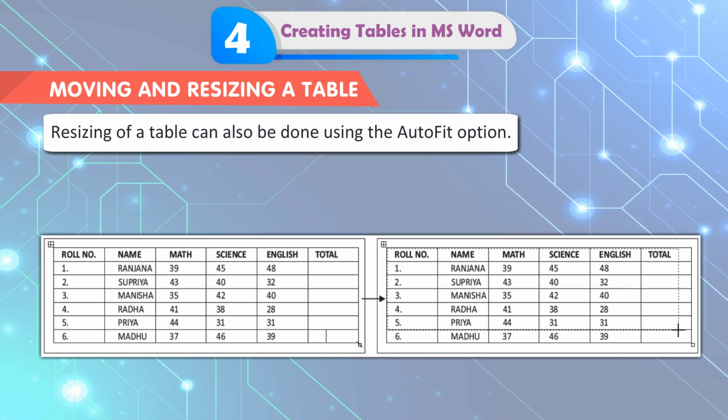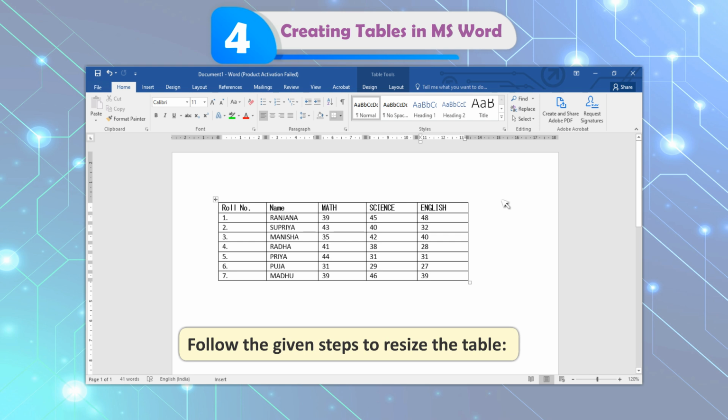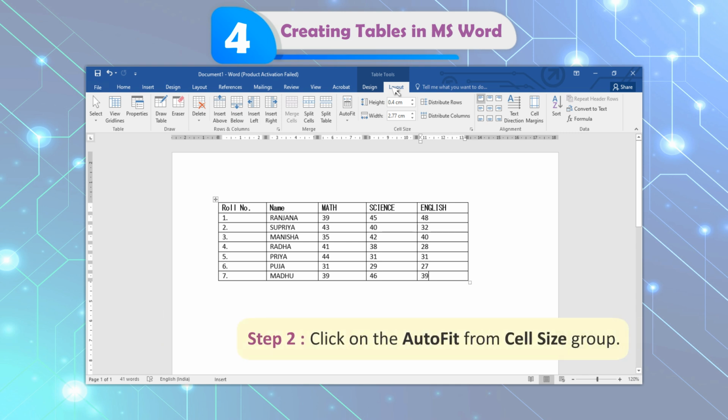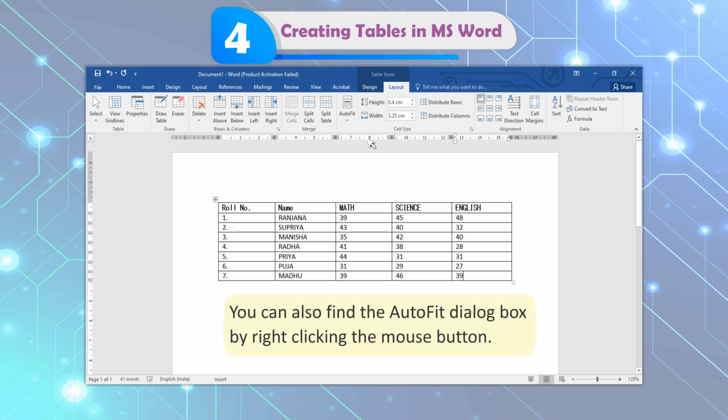Resizing of a table can also be done using the AutoFit option. Follow the given steps to resize the table. Step 1. Go to the Layout tab. Step 2. Click on AutoFit from the Cell Size group. You can also find the AutoFit dialog box by right-clicking the mouse button.